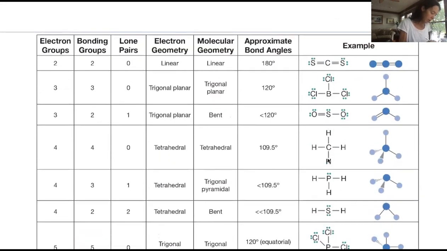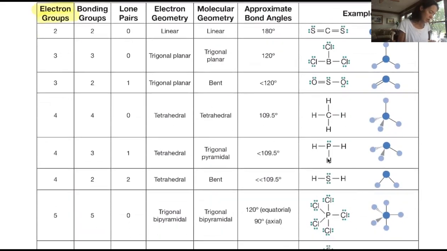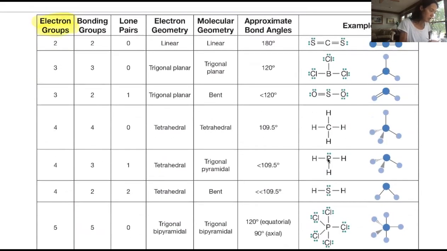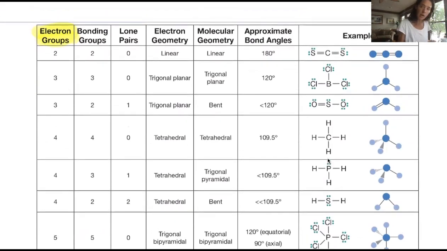Here we have electron groups around the central atom, the atom that we're focused on. Notice the carbon and the blue dot have two domains. The double bond site is one domain, one bonding site.